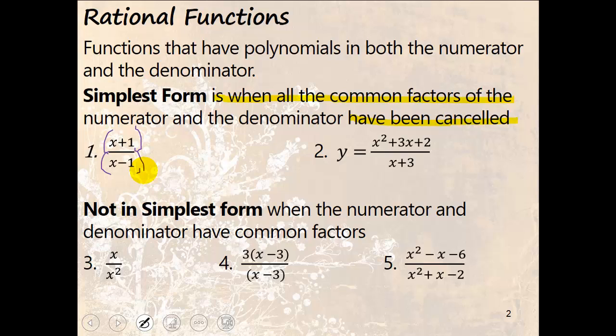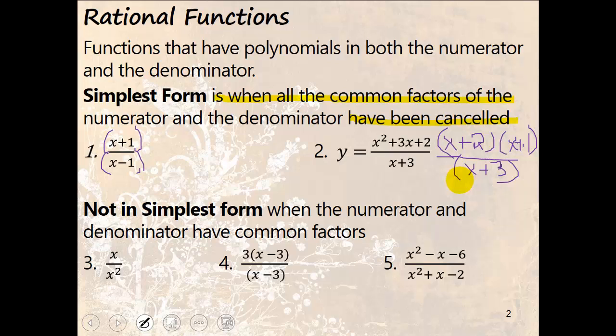On number 2, if I were to factor my numerator, I would have x plus 2 times x plus 1 over x plus 3. Notice that I don't have any common factors in the numerator and the denominator, so it is in simplest form.